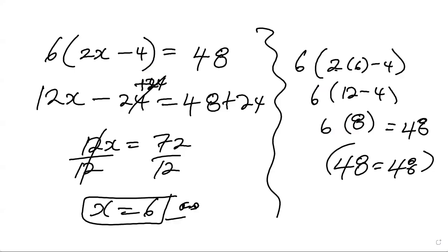real lesson. We did this last week. We just refresh our memory. So this is what we're going to be doing. What happens when we have like terms on either side, right?